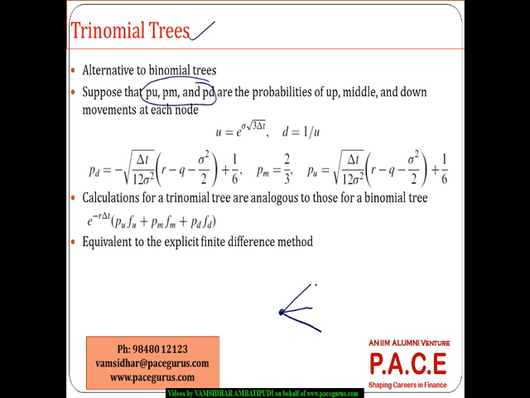And the mid is always the same as the original. So if this is S0, even this is S0, this is S0u, this is S0d. And the u and d again are related in the same way. Instead of up movement e to the power sigma root t, we say e to the power of sigma into square root of 3 delta t. So those are the small differences that come up.